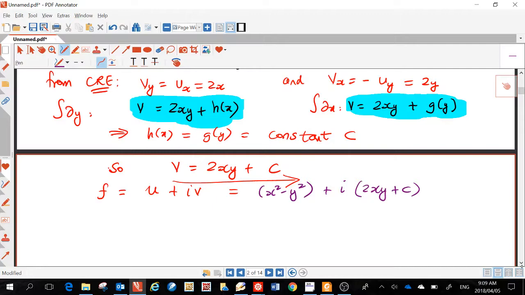This comes with a bit of experience and seeing it a few times. But let's firstly commence by doing the following: x squared plus 2xyi minus y squared plus ic. That's a bit of insight. Your insight will develop when you do a few of the tough problems.